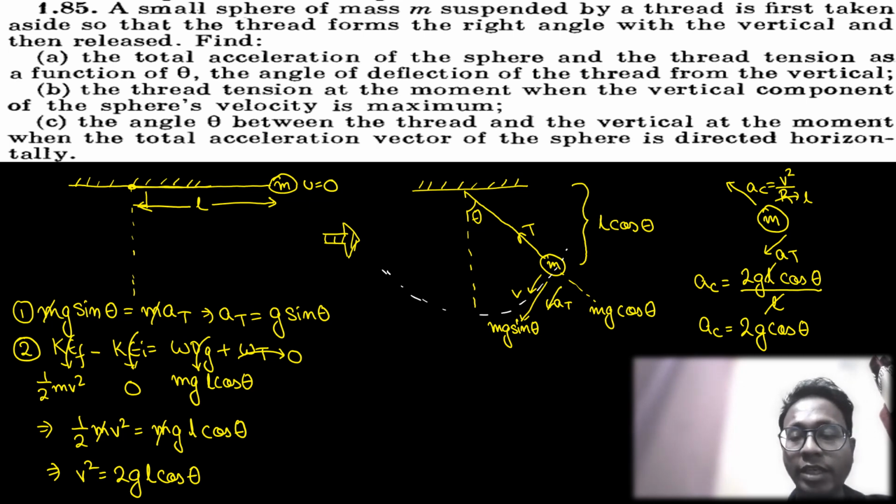So the tangential component of acceleration is equal to g sin theta, and the centripetal component of acceleration is nothing but 2g cos theta.